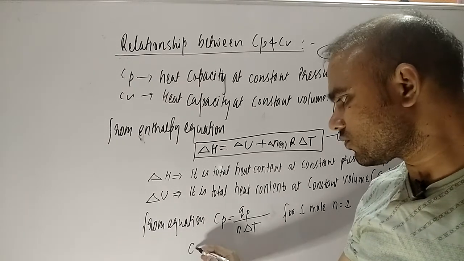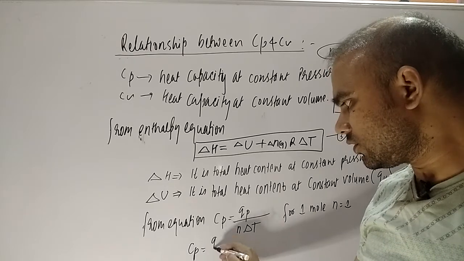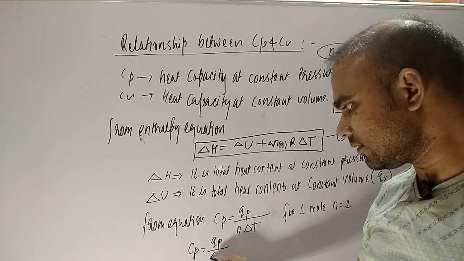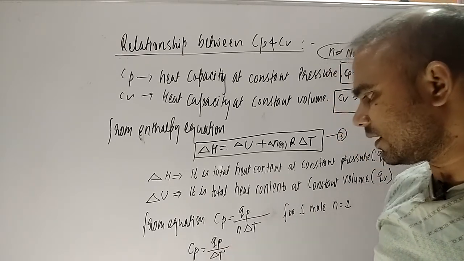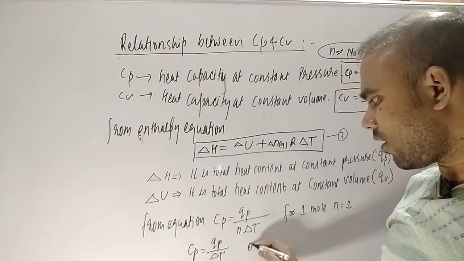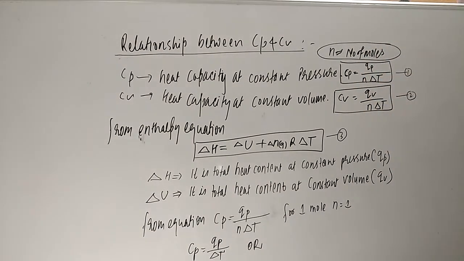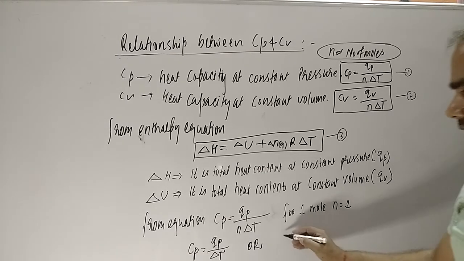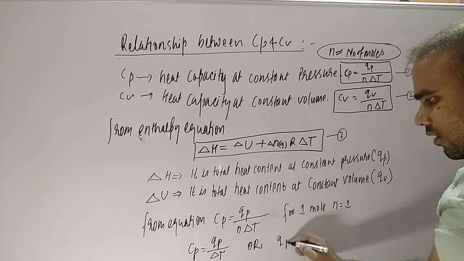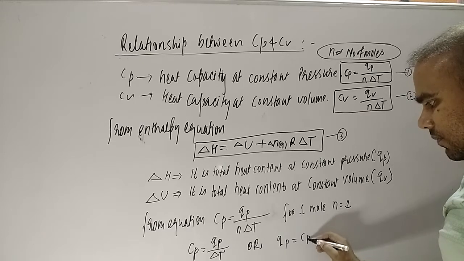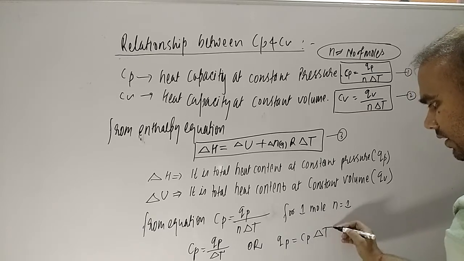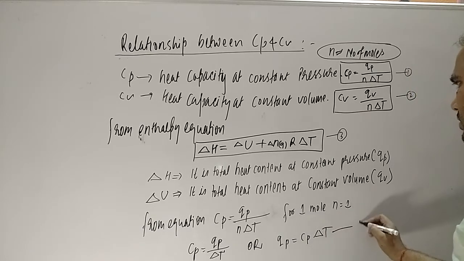So CP is equal to QP upon delta T. Cross multiplying, QP is equal to CP delta T. This is the equation number you can mention.